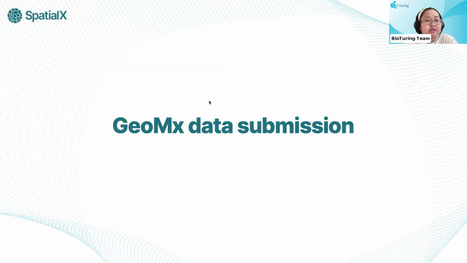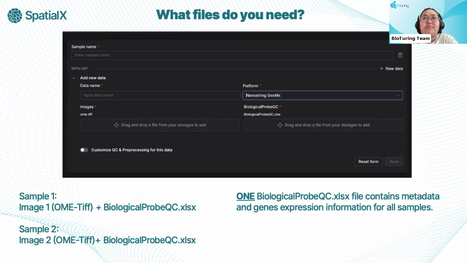Okay, so first, how can you submit the GeoMx data onto SpatialX? To submit the GeoMx data onto SpatialX, you only need two files. First, you will need the image file in the OME-TIFF format, and you will need the biological probe QC in Excel format. I understand that you usually have multiple samples with multiple images captured differently.